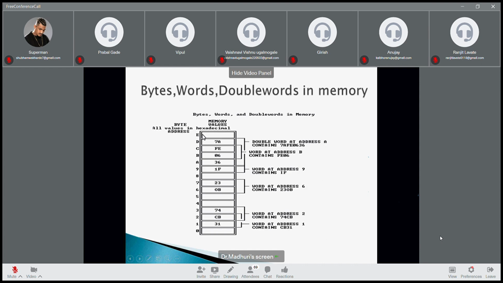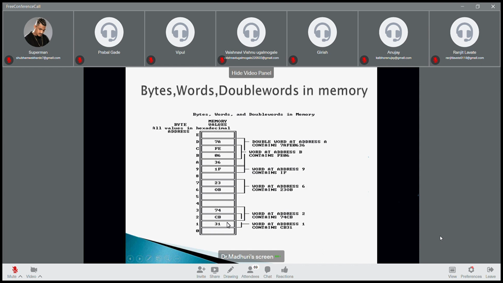It will take the whole linear address. Okay. Understood, guys, this?